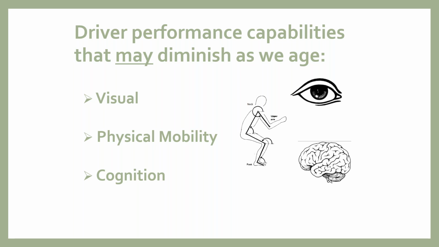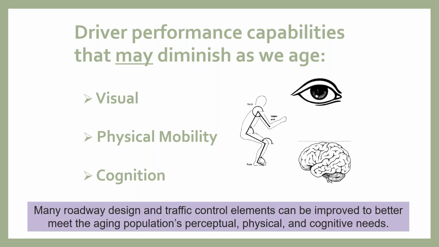Some people are blessed with excellent health well into their upper years, but no doubt, as part of the natural aging process, our visual, physical, and cognitive abilities tend to diminish at different rates. But it's natural. It's part of being human.